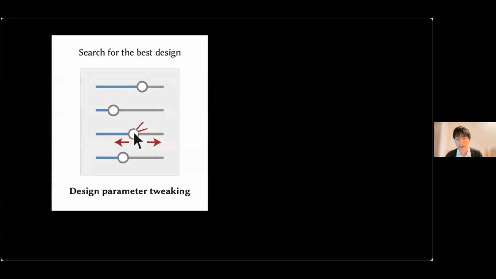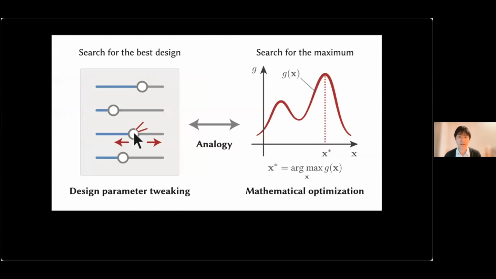The goal of such parametric design is to find the best parameter value combination that provides the best design. For this purpose, the designer has to perform many trials and errors manually. This manual procedure has an analogy to the mathematical optimization procedure where the system performs trials and errors using some iterative algorithm and finally finds the maximizer of the target objective function.